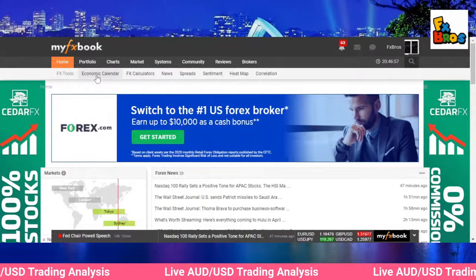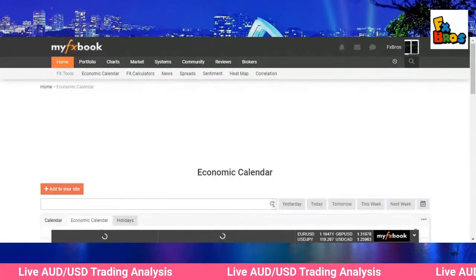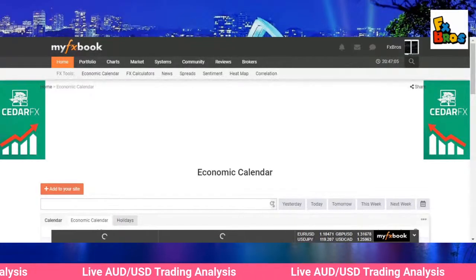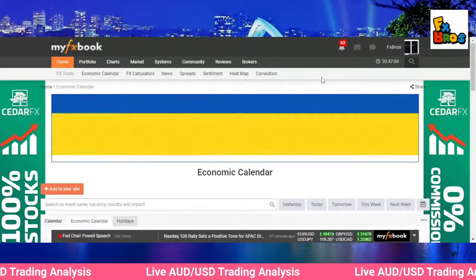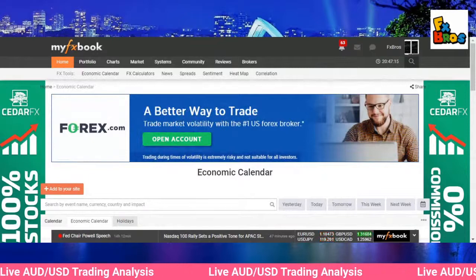You said this is to chart all your trades, or what is this? Yeah, it's free, and they will make you log in through your Oanda login, and they link your account.